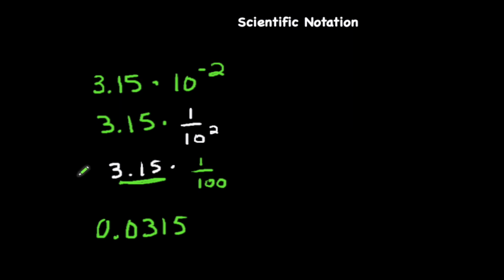So let's take that same number. Let me go ahead and clear this out. So we have 3.15. And what's going on is that you're taking this decimal point and moving it 2 places to the left: 1, 2.